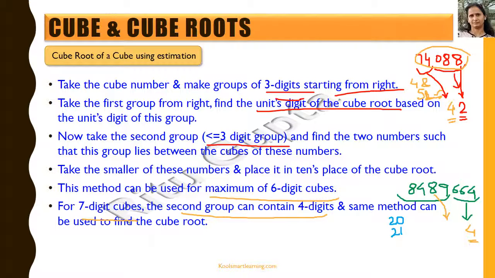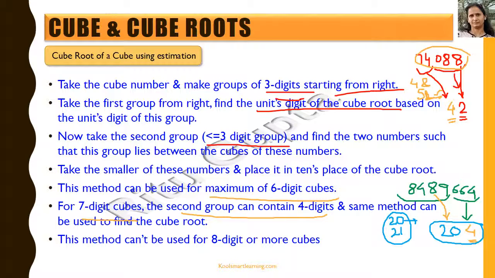So we take the lower of the two, which is 20, and place it here. So we say that this given 7-digit cube is the cube of 204, or we could say that the cube root of 8489664 is 204. This method cannot be used for 8-digit or higher cubes.